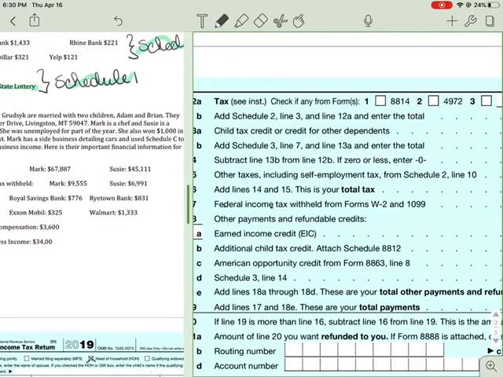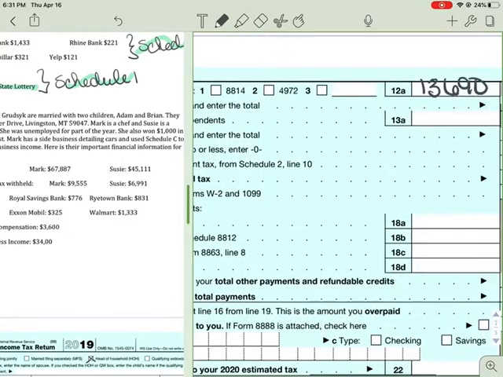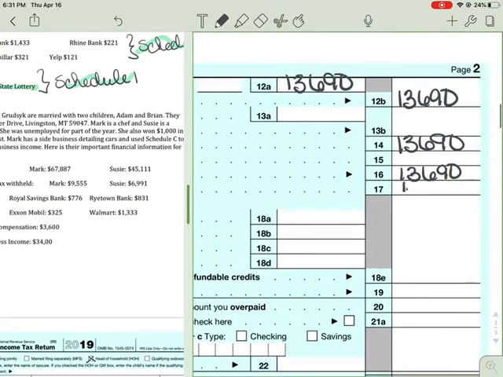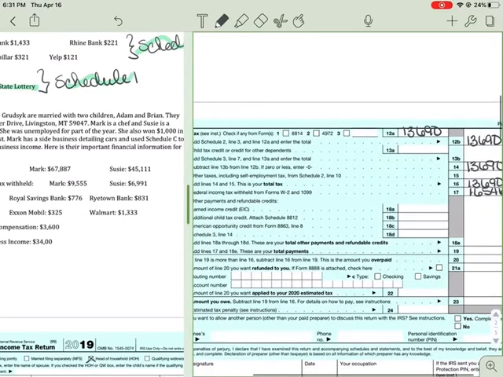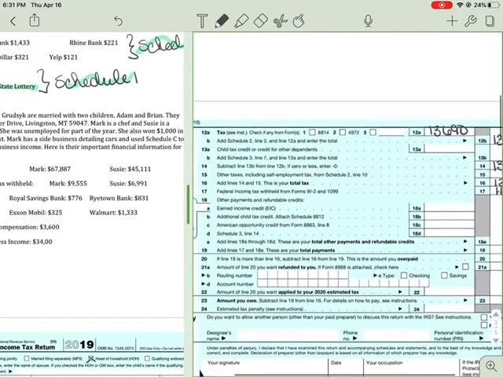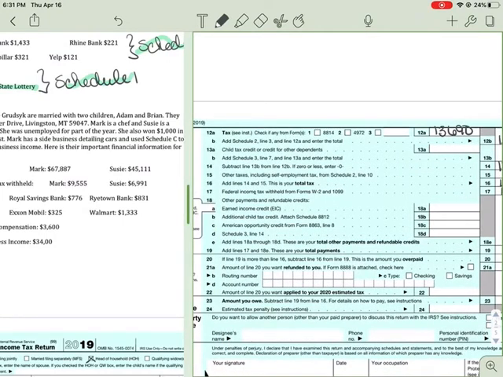Now we're going to federal income tax withheld from your W-2. We have to add Mark and Susie's together: 9,555 plus 6,991. We're going to get 16,546. So we see that line 17 is bigger than line 16. When we look all the way down, this is all about earned income credit and so on.